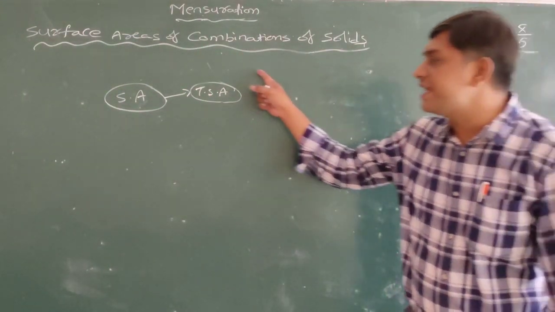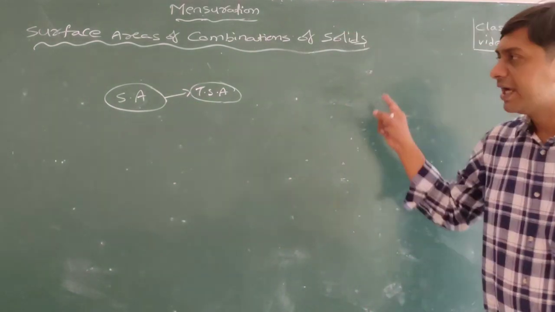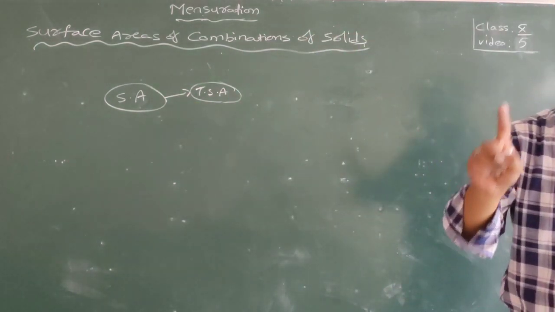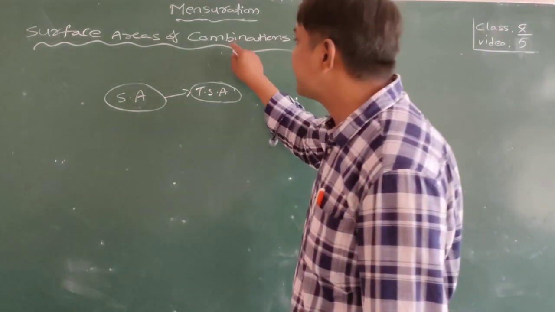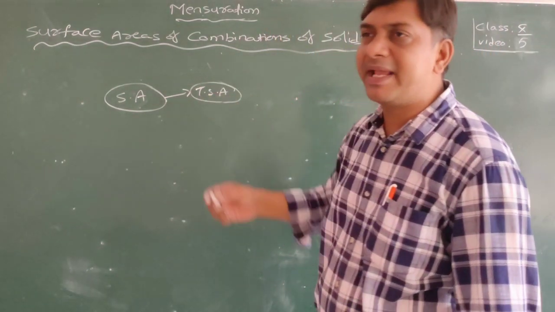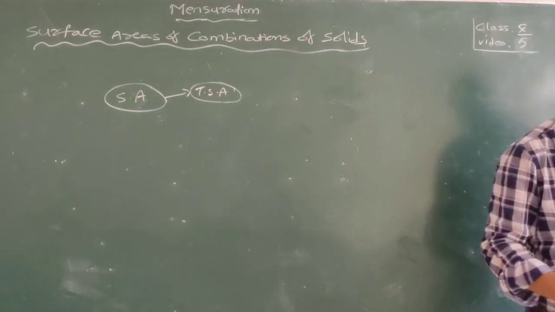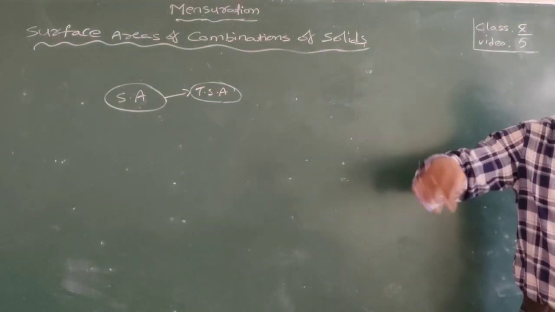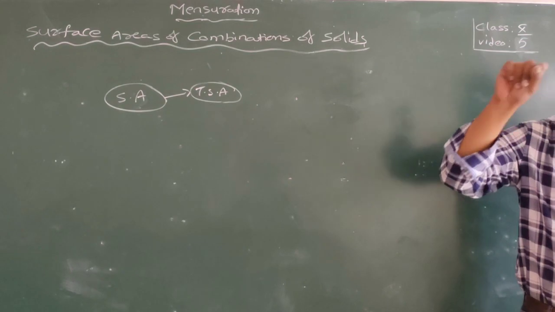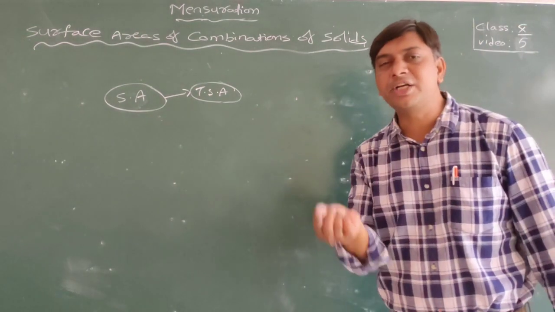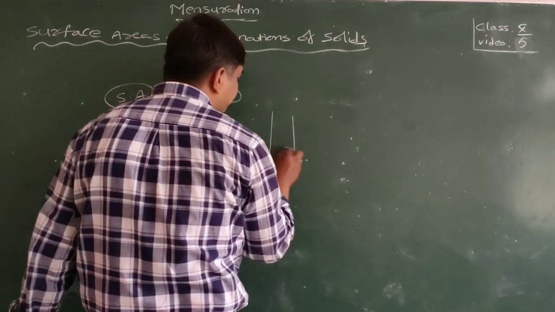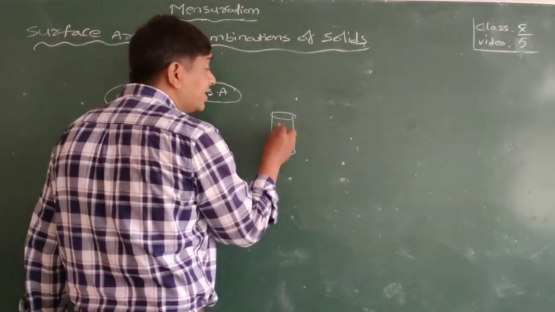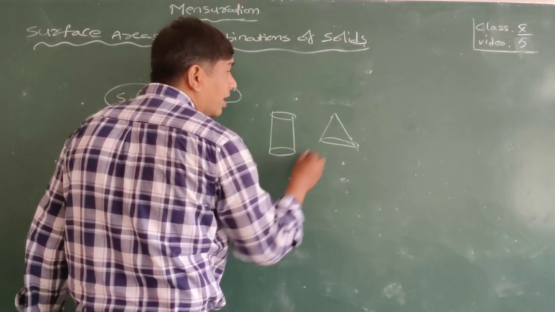Though I mentioned TSA, total surface area, in this concept I don't use the TSA formula anywhere, because this is a solid obtained by combining two or more solids. Say a cylinder and a cone are joined.